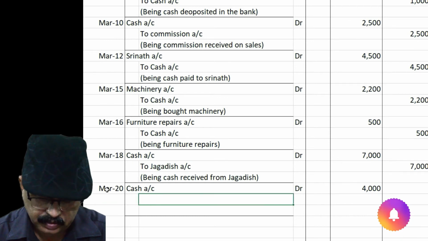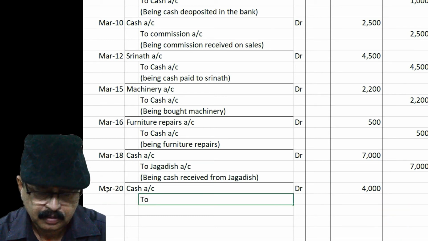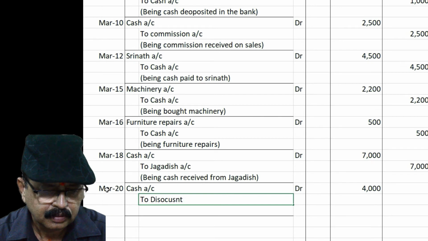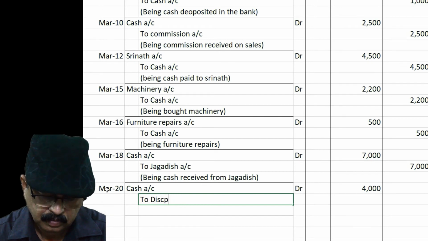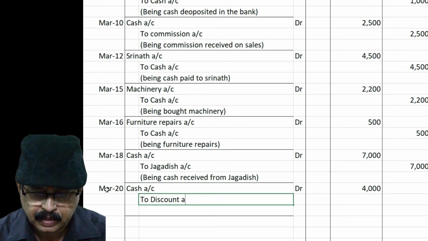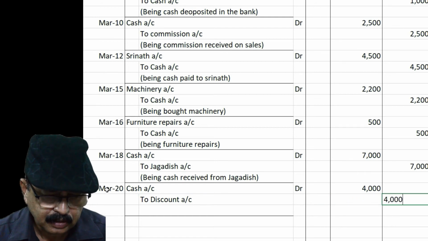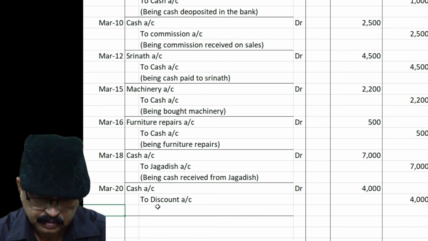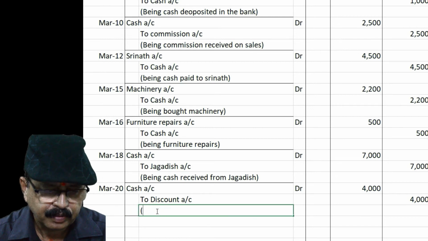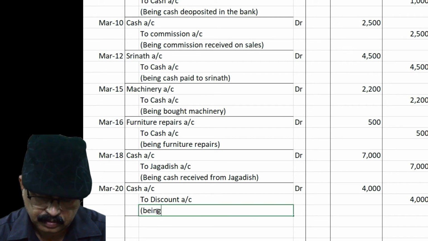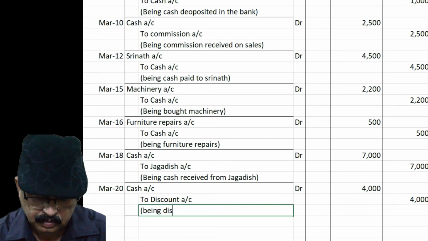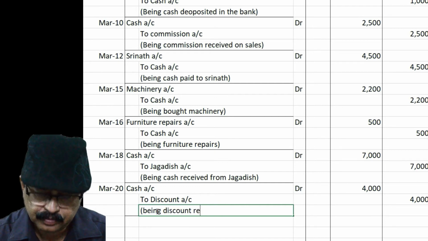To discount account. Discount account directly in the credit column 4,000. Then narration here being discount received.